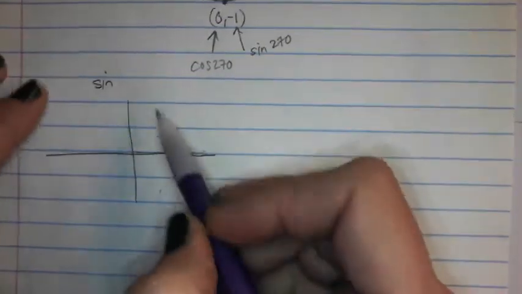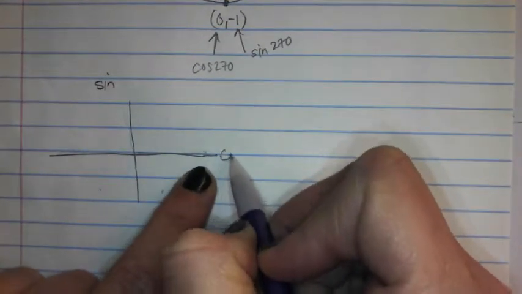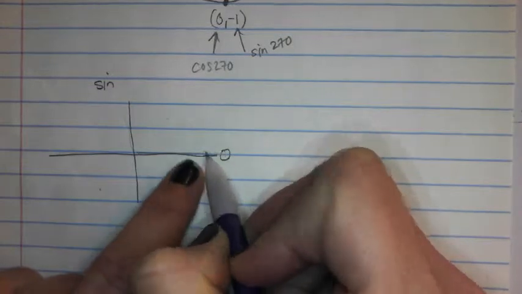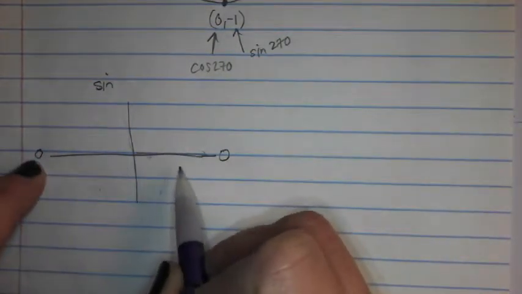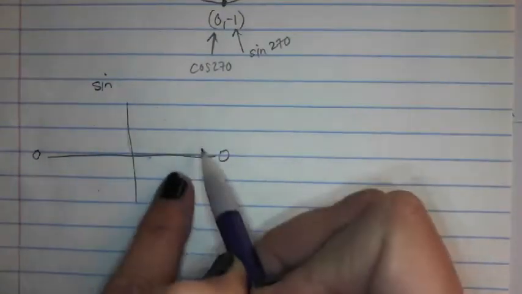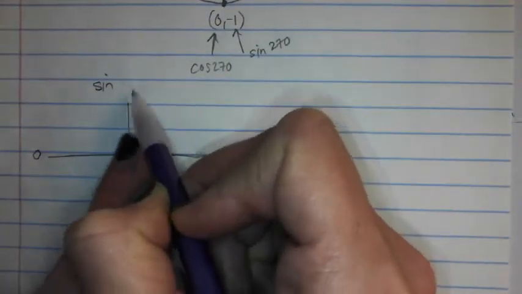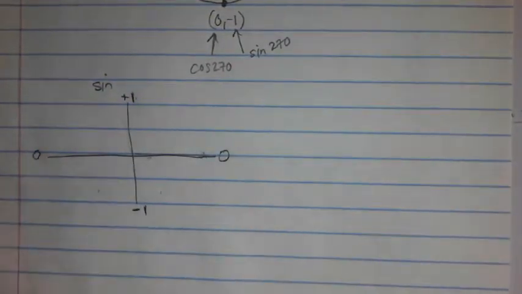So with my sine graphs, I remember that sine of 0 is 0. If that's the case, then this is a 0 over here because it has the same reference angle, right? And then the sine, once you get up to 90, has increased to 1, and that's a positive 1. And on the opposite pole, it's a negative 1.